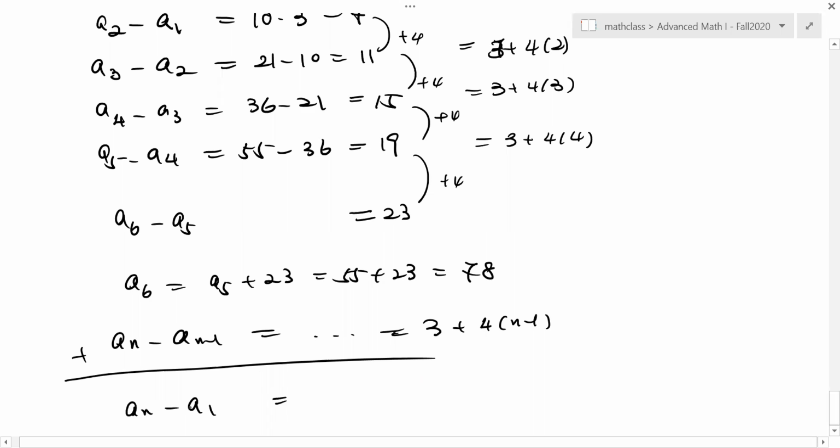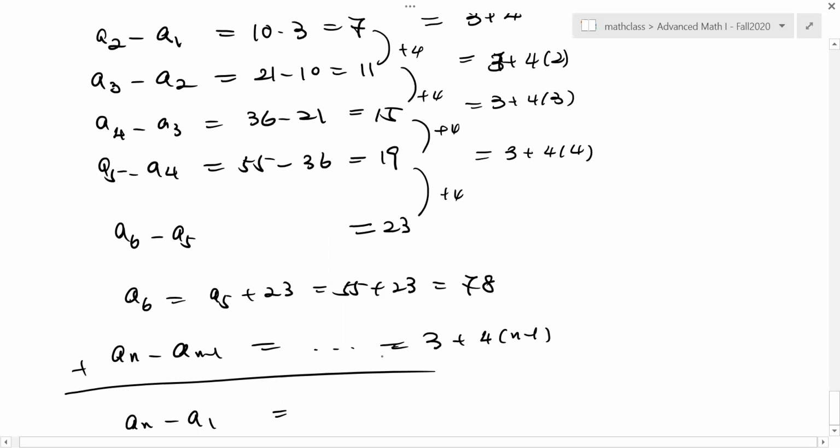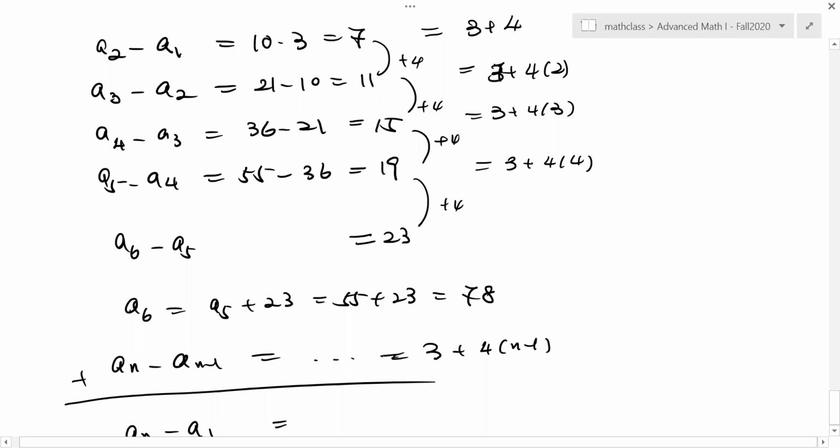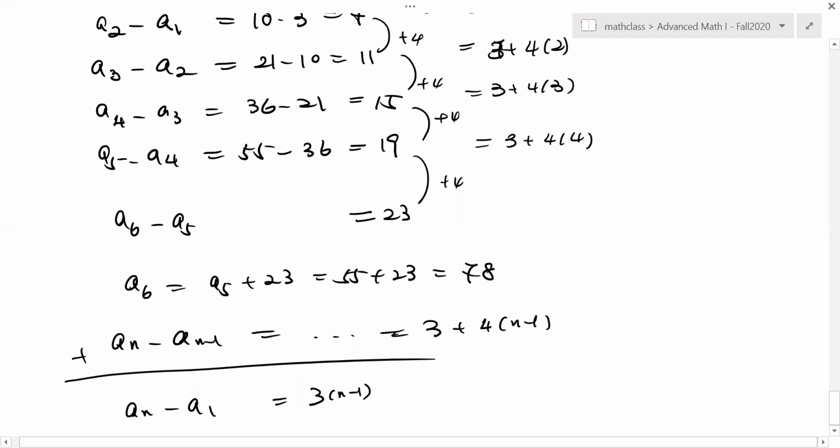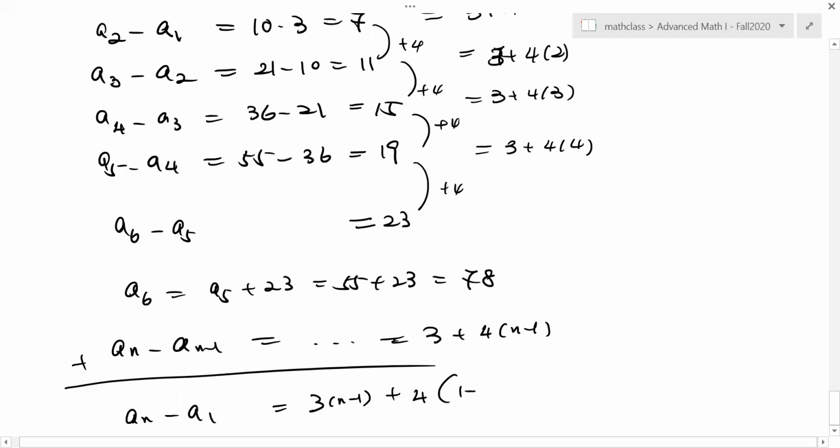On the right-hand side, how many equations are here? I think we have n minus 1 equations because we have to count how many 3s there are. So 3 times (n minus 1). And then you have a 4, and then you have 1 plus 2 plus 3 all the way to n minus 1.